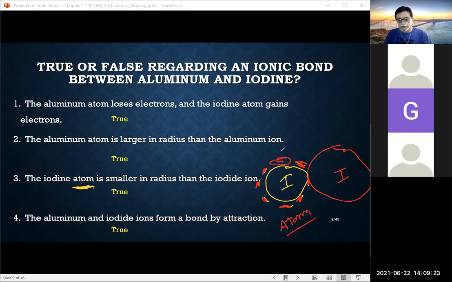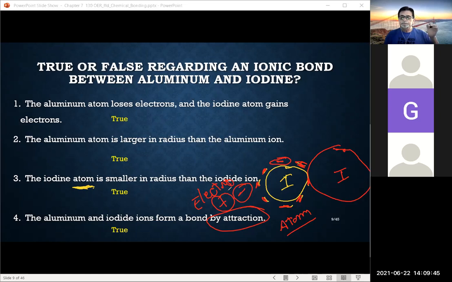Yes, thank you. And then down at number 4, this is the true statement here because it's an electrostatic attraction. Electrostatic attraction between the positive charge and the negative charge coming together.